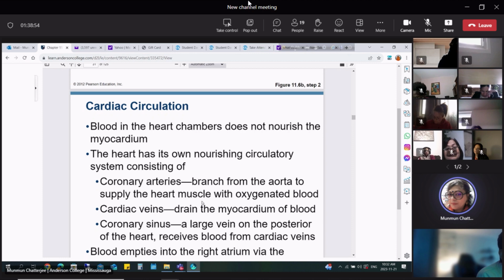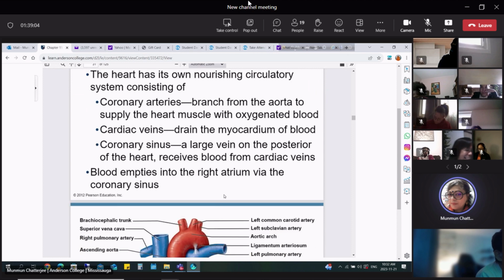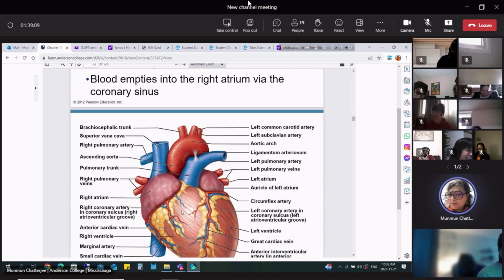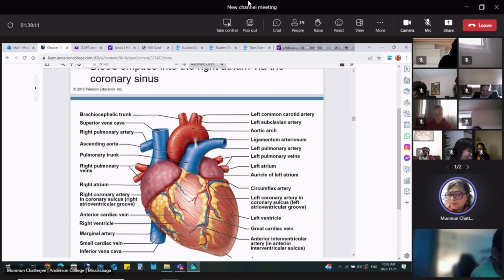From all parts of the cardiac veins, it receives blood and dumps it there, and then sends it for circulation. So blood first empties into the right atrium via the coronary sinus. We are going to show it later, and from there blood comes to the right atrium.